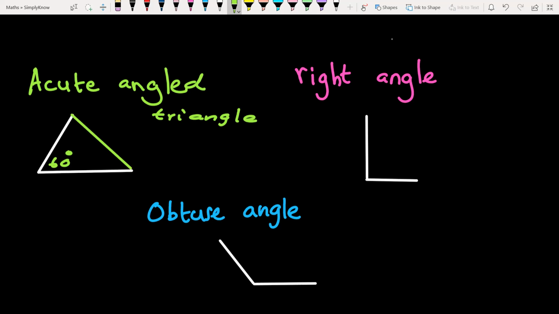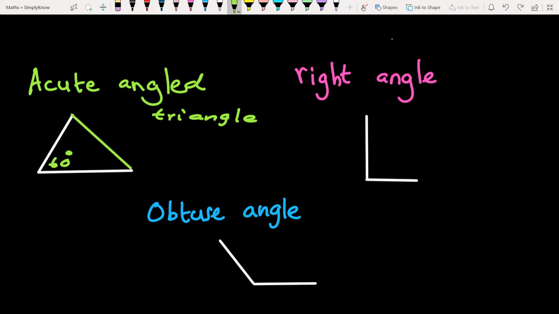Notice this. We know that a triangle has three angles. So all three angles of this triangle are acute angles. Their magnitudes are less than 90 degrees.